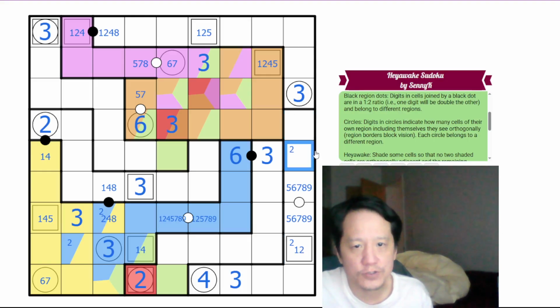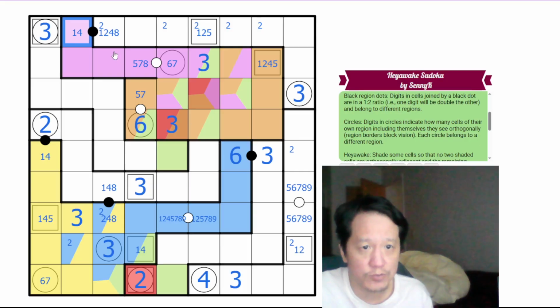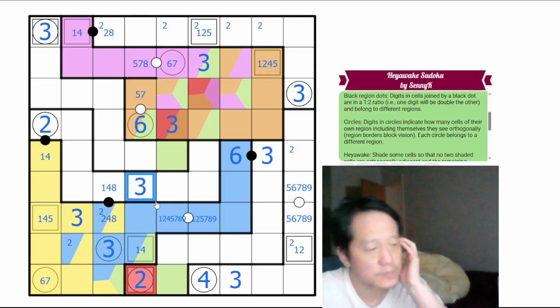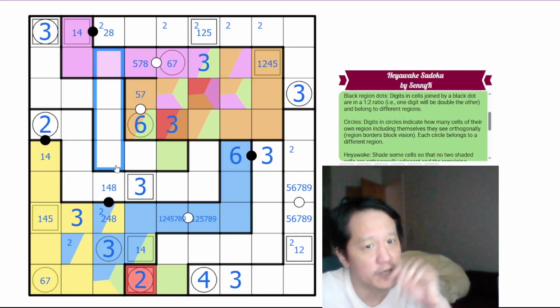So it's one of these 2. Which eliminates 2 here. So 2 in this region has to be one of these 6. Obviously can't be here. Which means this cannot be 2 here. This is 1 or 4. 1 or 4 then is in a 1 to 2 ratio with only 2 or 8. This requires a 2 or an 8 here, which means the rest of the column cannot contain 2 or 8.